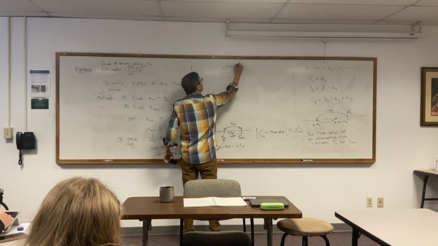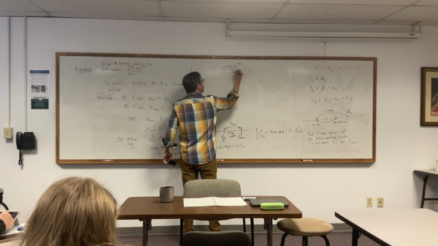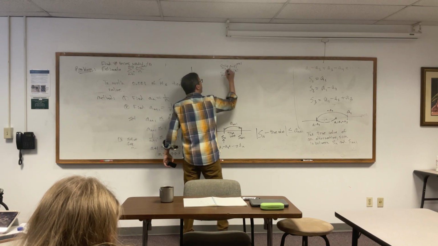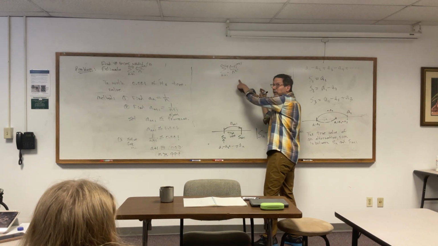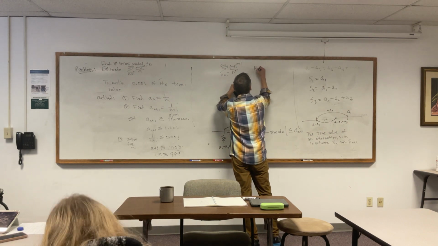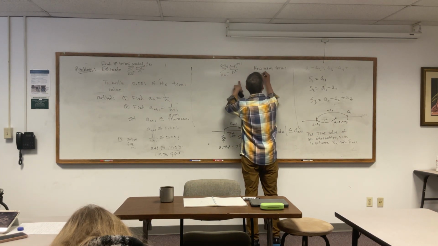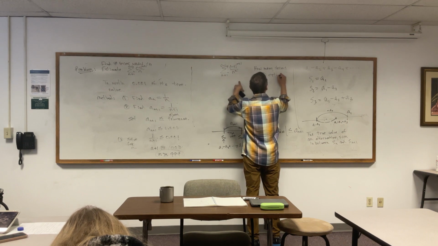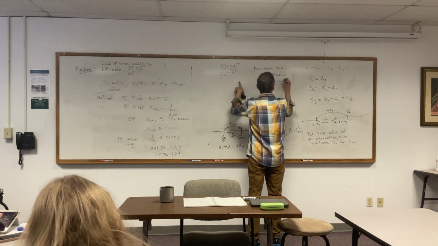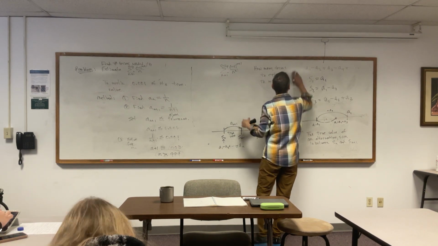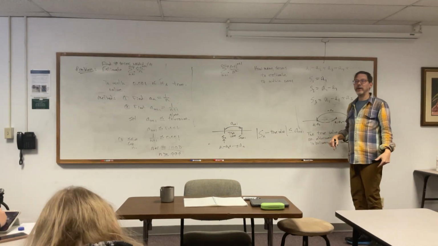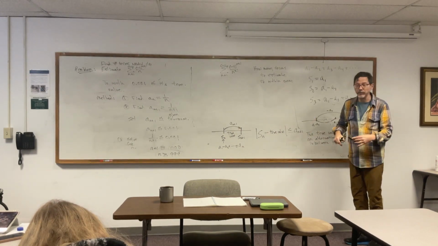We had minus 1 to the n plus 1 over n squared, n equals 1 to infinity. How many terms of this do I need to estimate to within 1,000th? Let's answer the same question, but for this series. Give it a shot. Follow the step-by-step procedure right there.